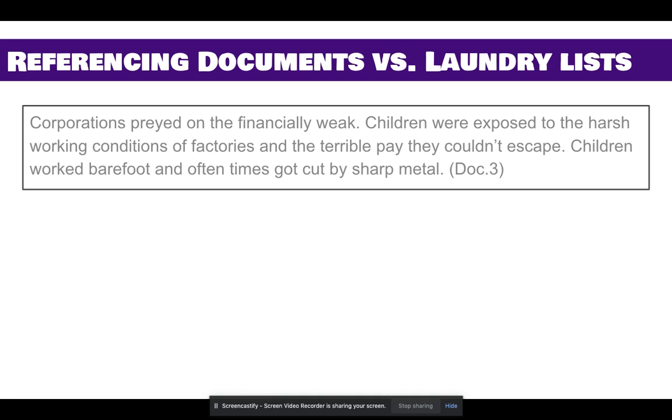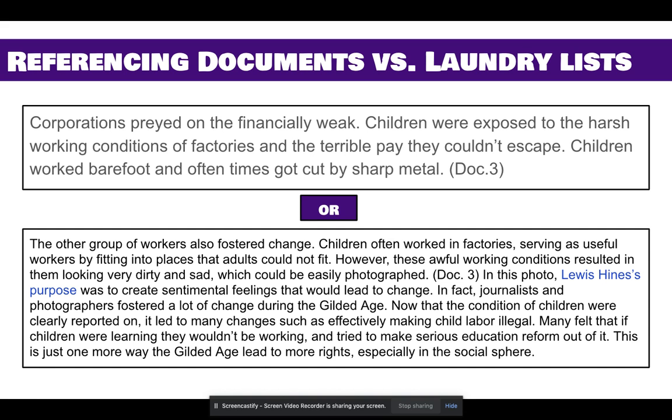All right, so here's one example. So pause and take a look at this one. Here's another one. Both of these deal with the same image. One is far more clear than the other about how that image is showing us what is going on in history.